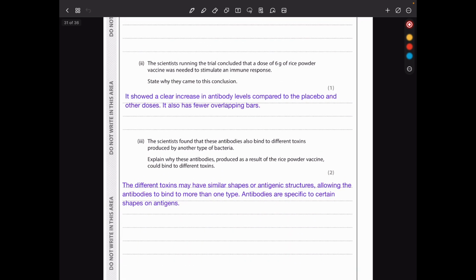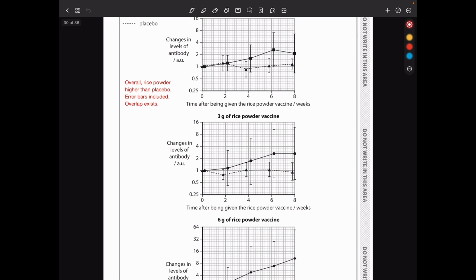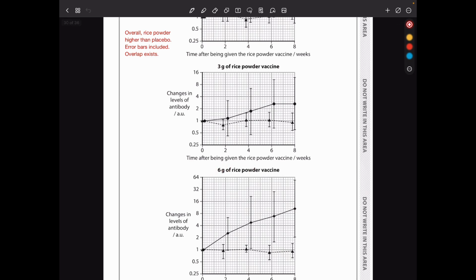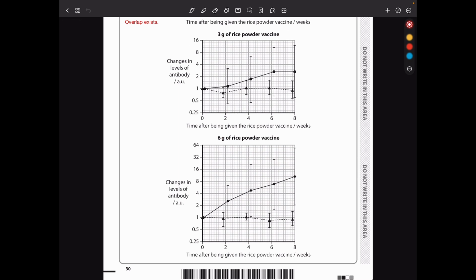Then they say scientists running the trial concluded that a dose of 6 grams of rice powder vaccine was needed to stimulate the immune response. State why they came to this conclusion. If we go here, this is 6 grams, we can see there is a bigger difference between the placebo group and the vaccinated group, and we can see fewer error bars overlap.